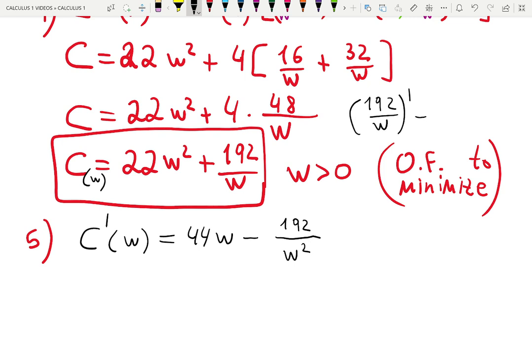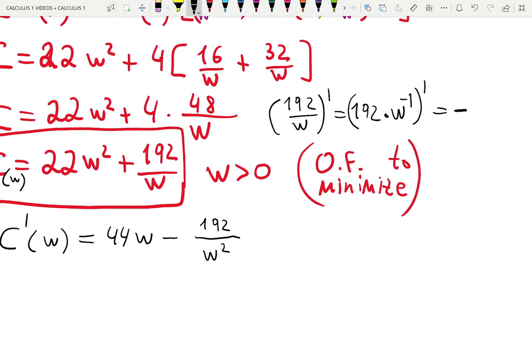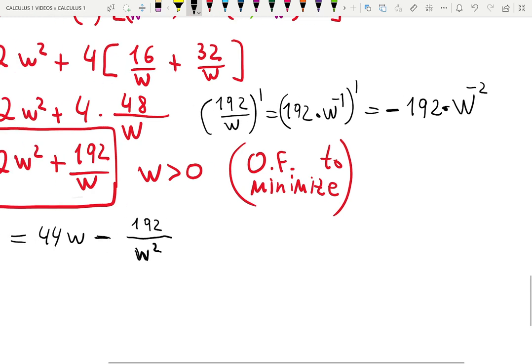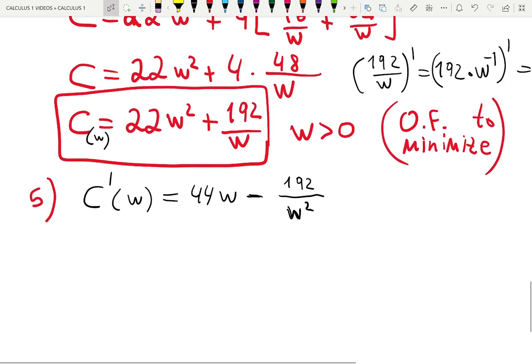The derivative of 192 over w is the same thing as differentiating 192 multiplied by w to the negative 1. So what is that? Negative 1 goes down, 192 stays the same, and then w is raised to the negative 2 power because we need to subtract 1. But that can be written as 1 over w squared with a negative in front and 192 multiplied by it.